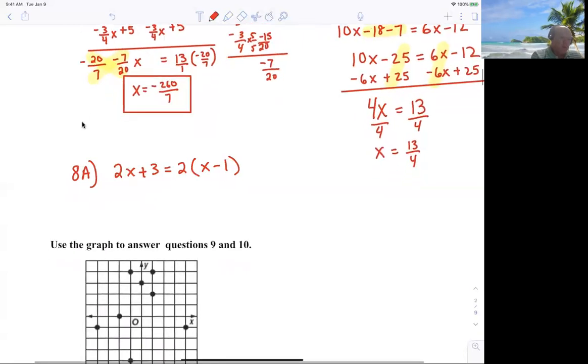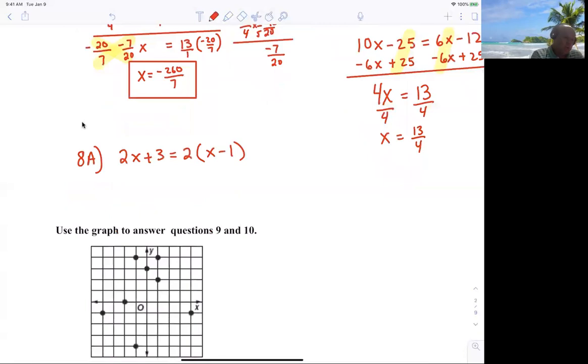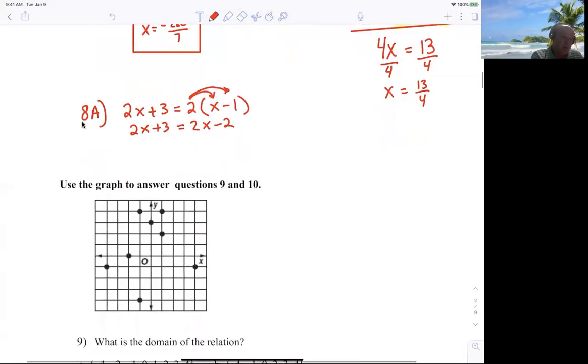So what we're going to do here is distribute the 2. And so I have 2x plus 3 equals 2x minus 2. Now we're going to move the variables to the left. Minus 2x, minus 2x, minus 3, minus 3. Now here, what happens?